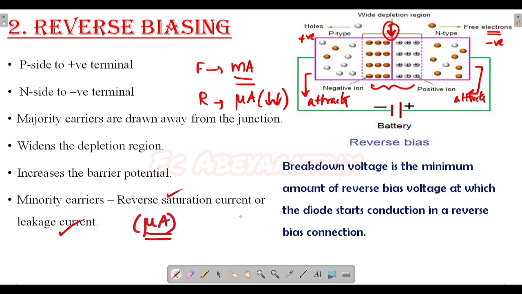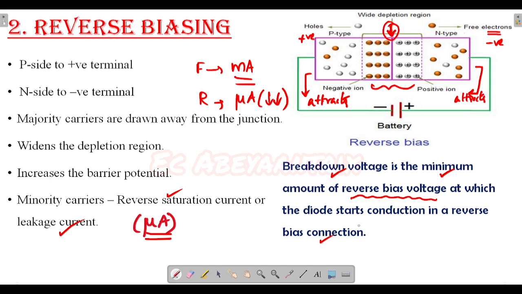And that reverse saturation current flows in a diode until the voltage exceeds a value called the breakdown voltage. The breakdown voltage is the minimum amount of reverse bias voltage at which the diode starts conducting in a reverse bias connection. We shouldn't say that in reverse bias mode there will be no conduction at all.